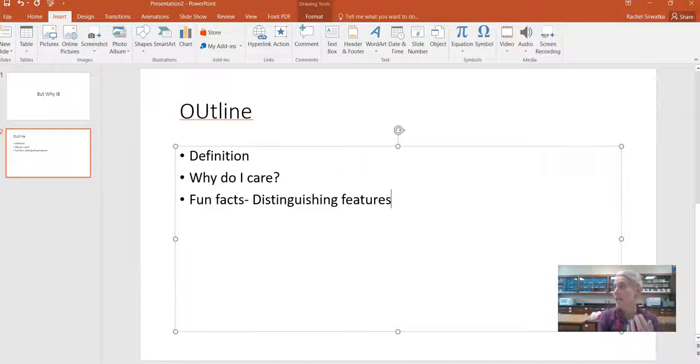If I'm talking about a distinguishing feature and I'm looking at my cardiorespiratory tests, I'm going to say that a distinguishing feature of the Cooper's 12-minute run is that it has this 0.9 correlation to VO2 max. That's a fun fact. It's a distinguishing feature.